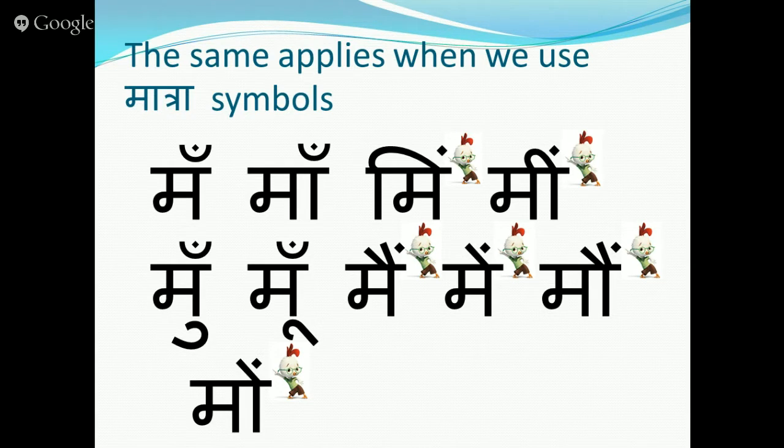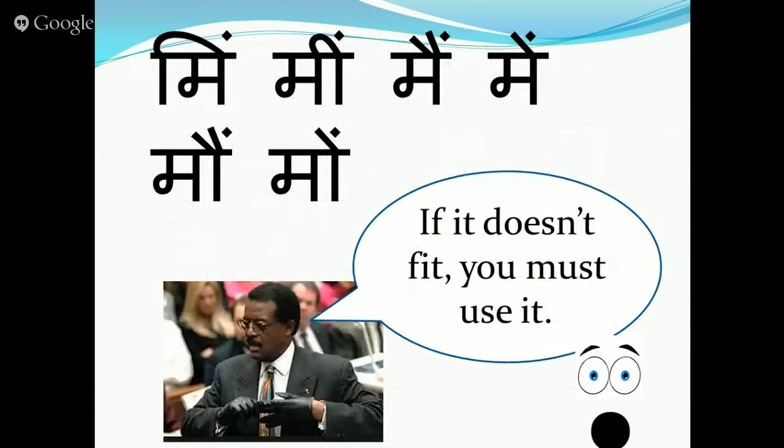It doesn't mean that it's changed into an N or an M. It means in this case that there is no space. Therefore, we have chosen to use the dot rather than try to squash in Mr. Chandrabindu there. And so all of these are nasalized vowels. Yes, if it doesn't fit, you must use it.